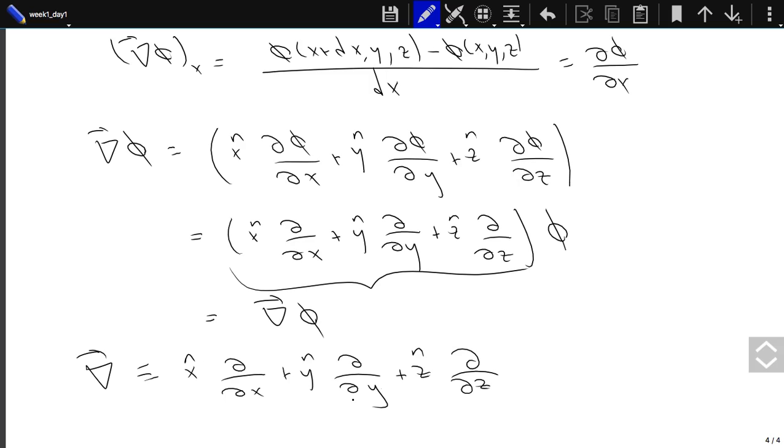And the components of this vector that you obtain are nothing but the derivatives of your function with respect to x, y, and z. Of course, this is true only in Cartesian coordinates if you choose your coordinate axes x, y, and z. If you choose spherical coordinates or cylindrical coordinates, it will look different. But in x, y, z coordinates, this is its form.